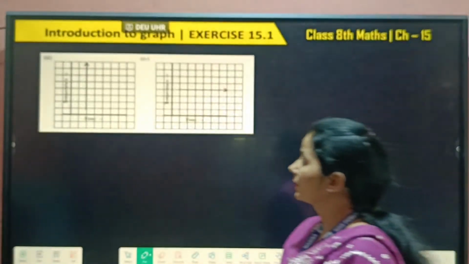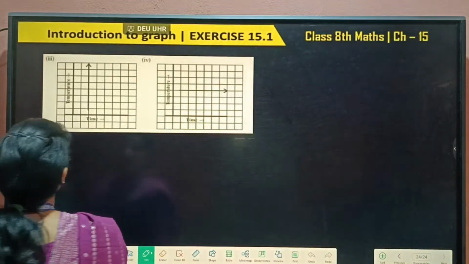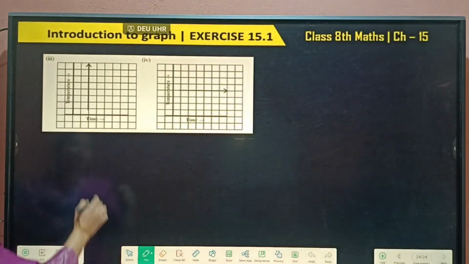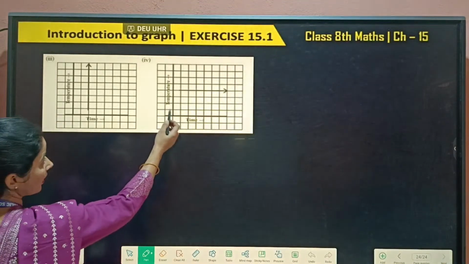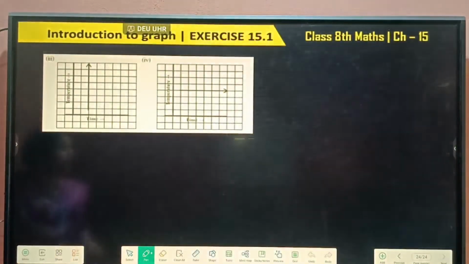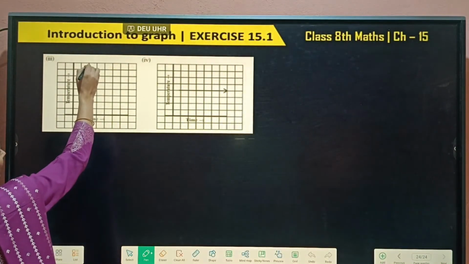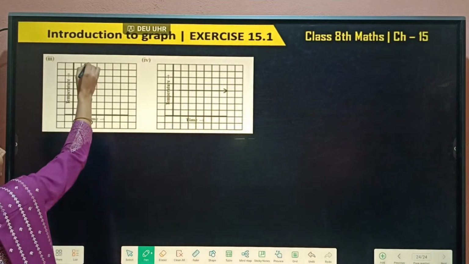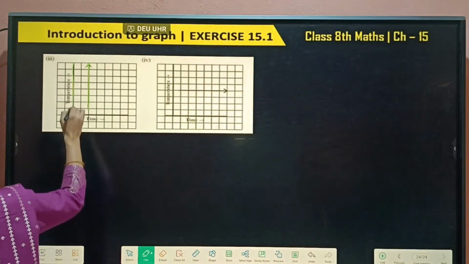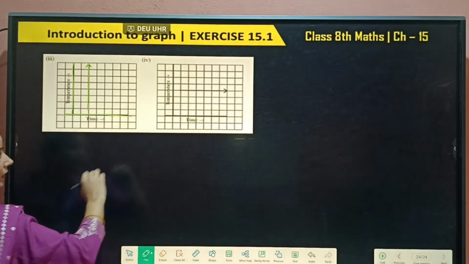What is the third part? This is time and temperature, and this also is time and temperature. You can see a straight line in this graph.